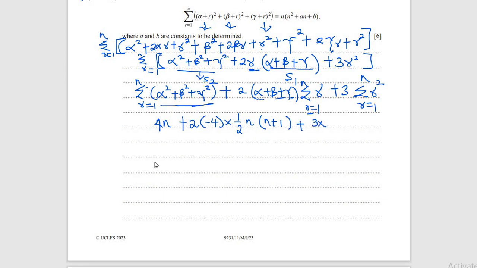What's summation r squared from MF19? That's 1 over 6 n into bracket n plus 1 bracket 2n plus 1. If you check your MF19, these are constants, summation r squared, summation r. So from here, let me simplify. 4n, these two cancel 2.